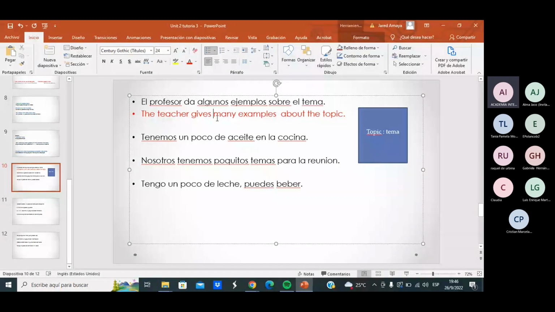Many is a quantifier and express an amount, but a lot, pero mucha, ¿verdad? Y aquí solo decimos algunos, ¿verdad? Como algo poco. And it's better a few, like you said. The teacher gives a few examples about the topic. Yeah, thank you. That works.